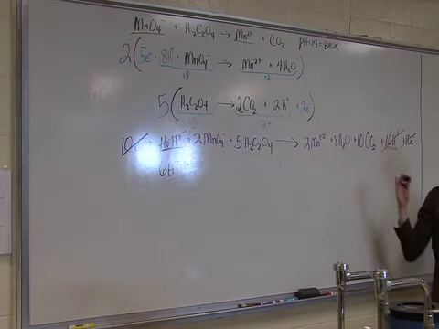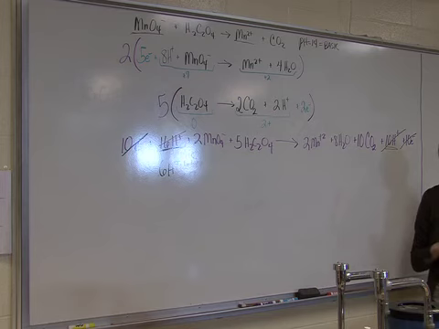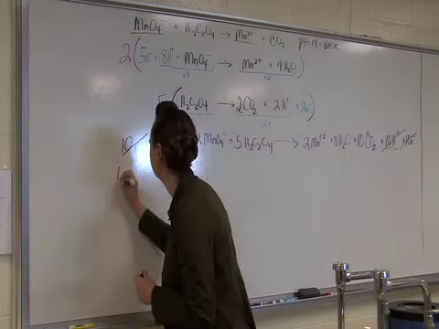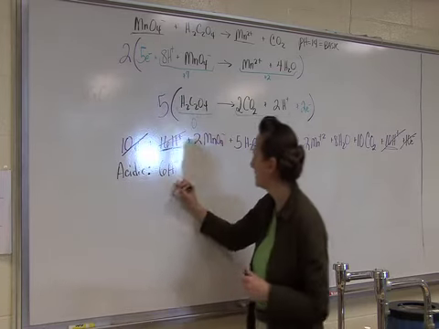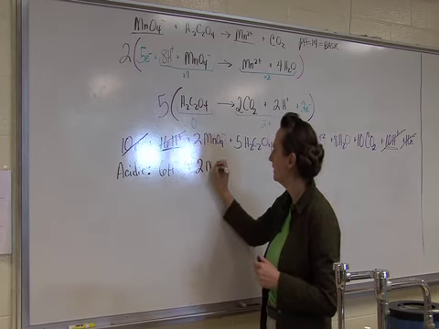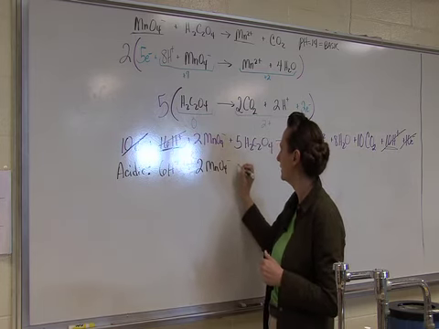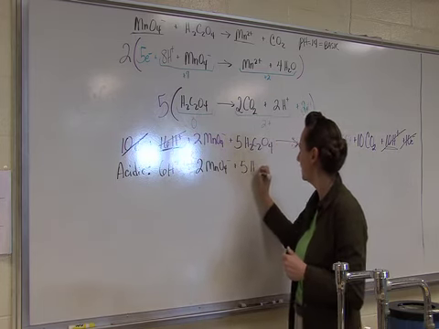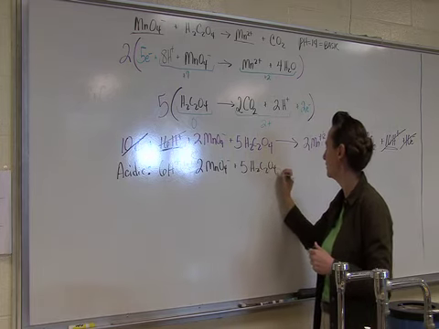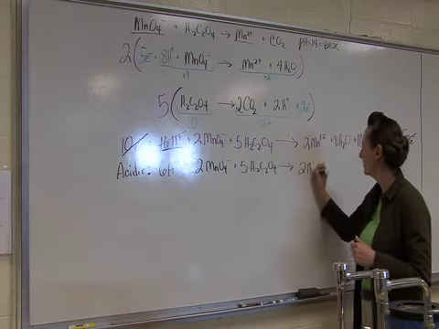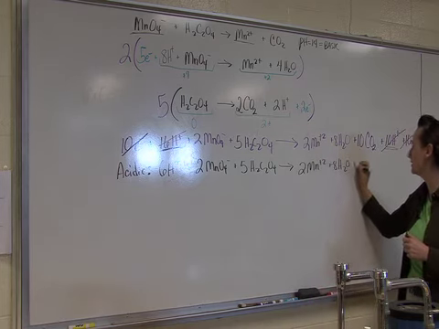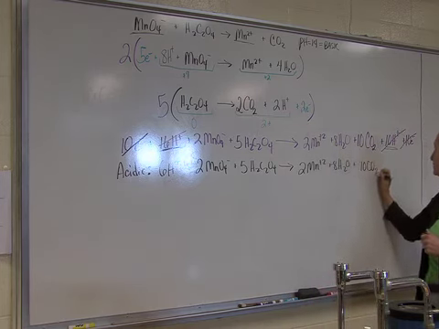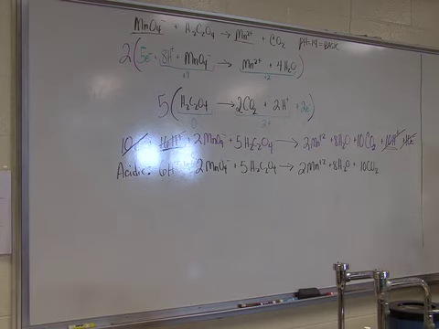In this case, I only have water on one side, so it's not going to cancel. So in acidic solution, it'd be 6 H plus 2 MnO4 minus plus 5 H2C2O4 gives me 2 Mn plus 2 plus 8 H2O plus 10 CO2. But I need to make it basic.